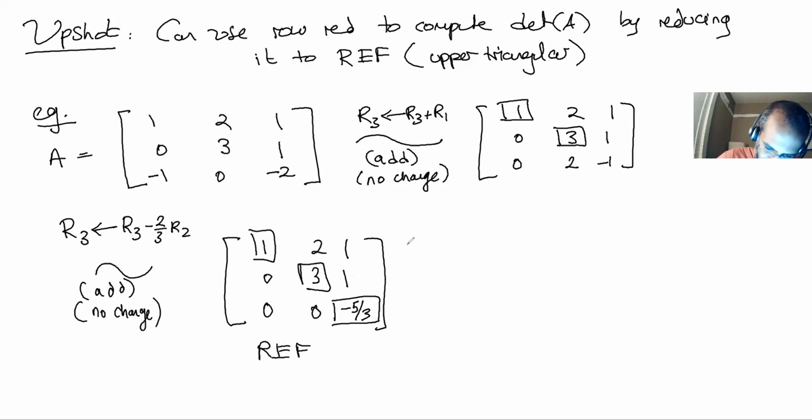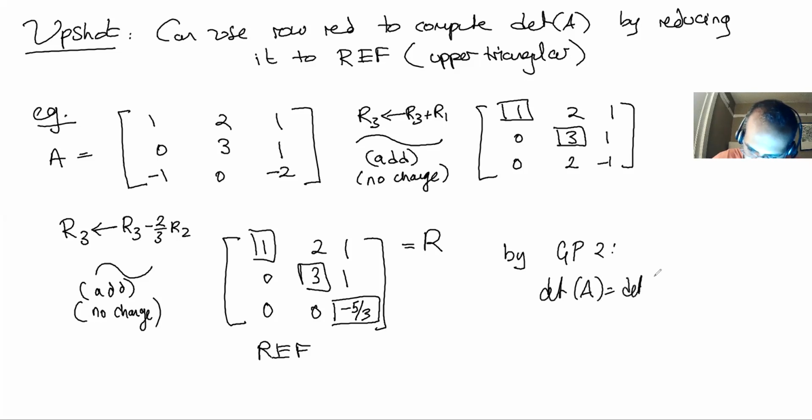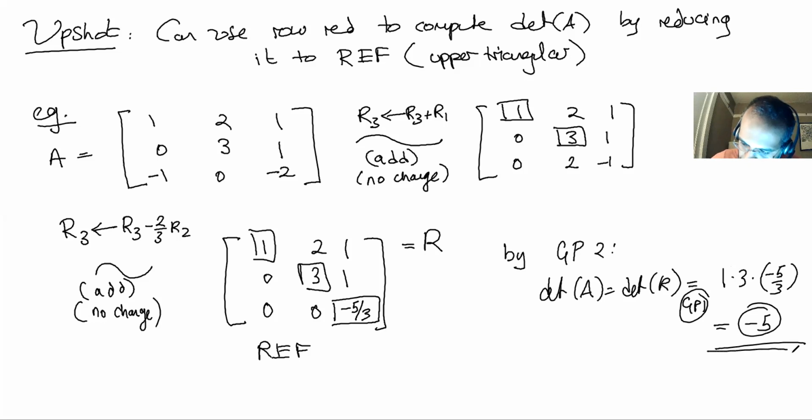This is my final matrix that I'm going to call R, and the determinant didn't change at all. So by good property 2, determinant A equals determinant R. And that's upper triangular, so by good property 1, that's just 1 times 3 times minus 5/3, which is minus 5, the same as I computed here.